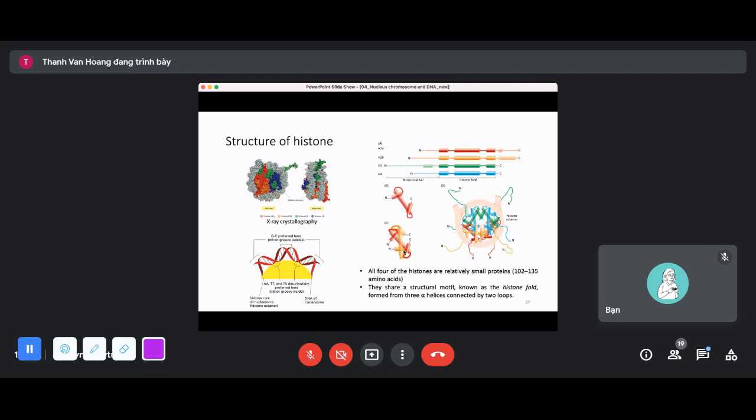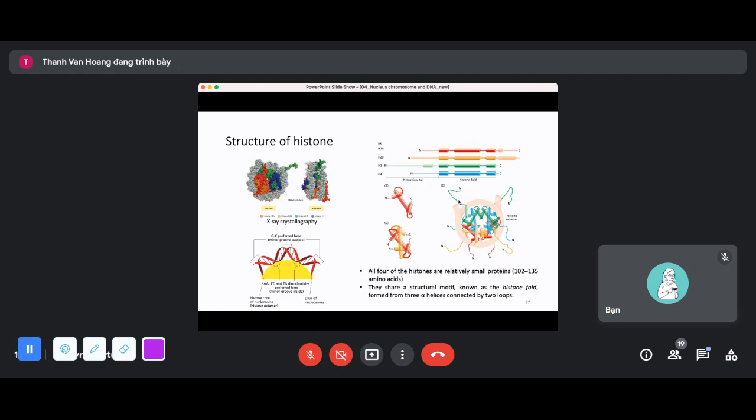And 2 of the histone 2A and 2 of histone 2B make a tetramer together, and 2 histone 3 and 2 histone 4 make another tetramer. And they make here an octamer, a histone octamer.